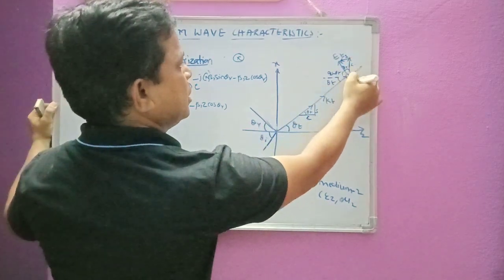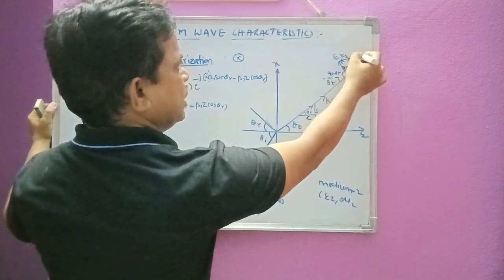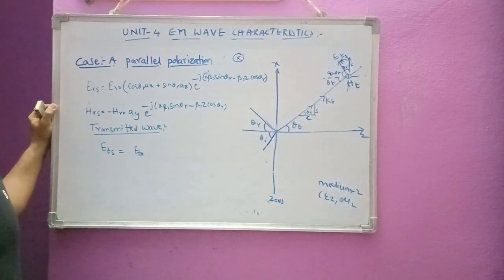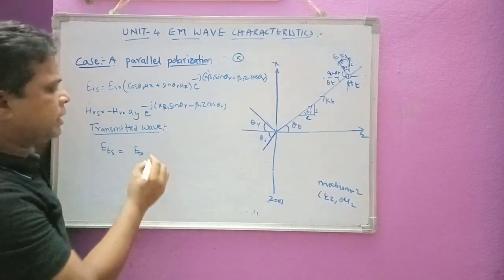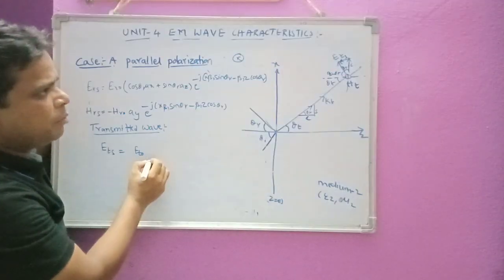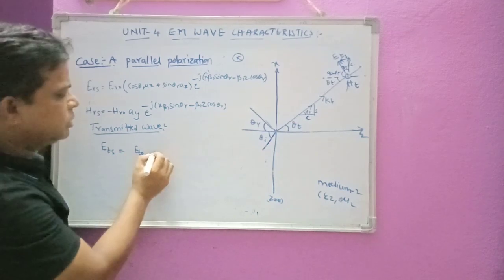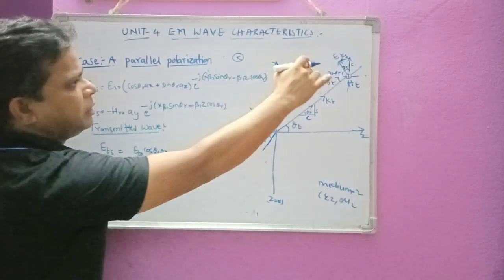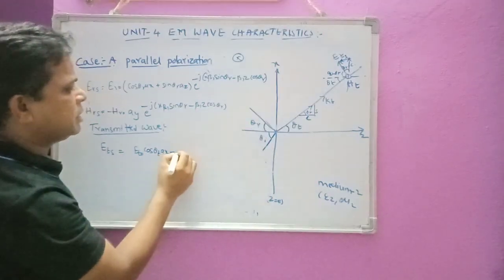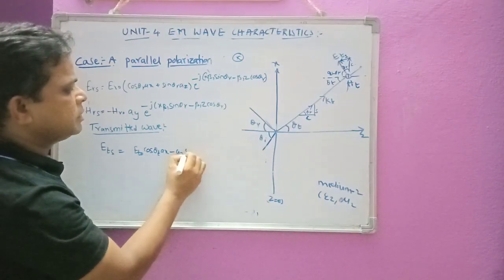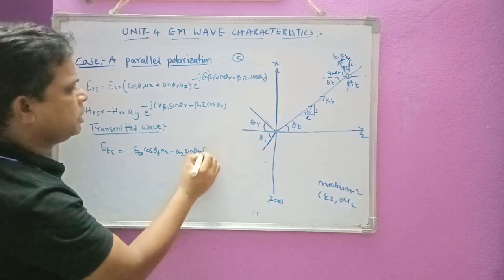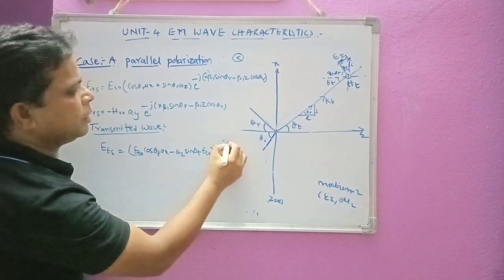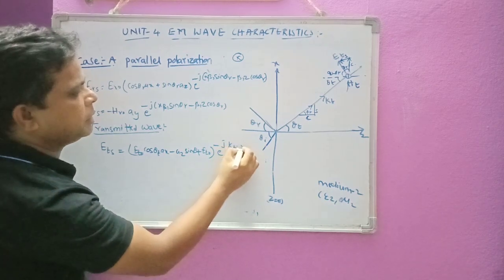This is the cosine component, moving along the positive x direction, and it is moving along the negative z direction. Now I can write E_T0, the cosine component cos θ_t a_x, and the other component along the negative z direction, minus a_z sin θ_t, times E_T0 e^(-j k_t · r).